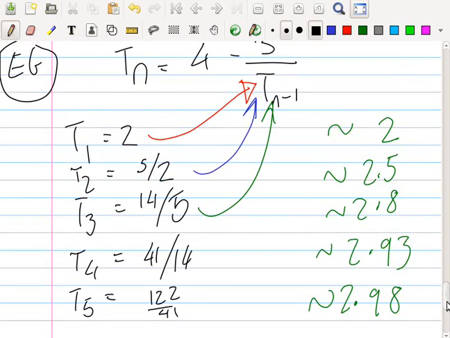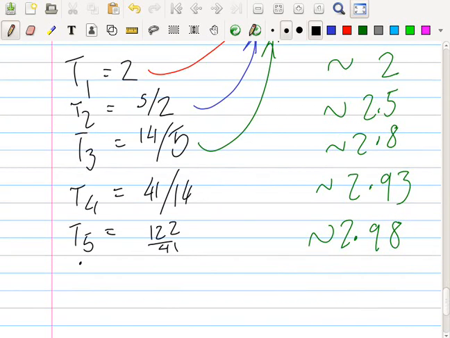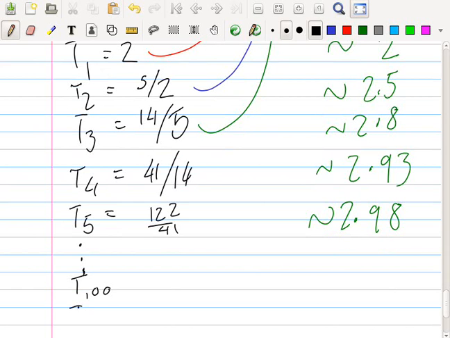So what you'll do is, as you get further and further, or I should say, bigger and bigger, so like T100, T101, do you think the difference between these terms will be big or small? Small. And what about term 1000 and term 1001? Smaller. So if you had the infinite term and the infinite term plus 1, the difference would be 0.